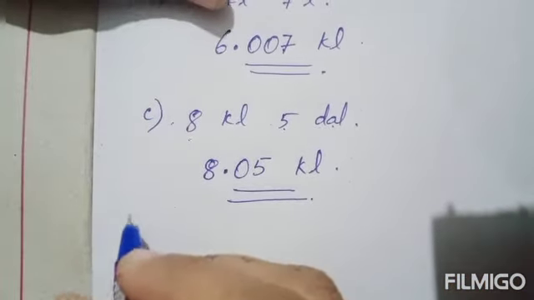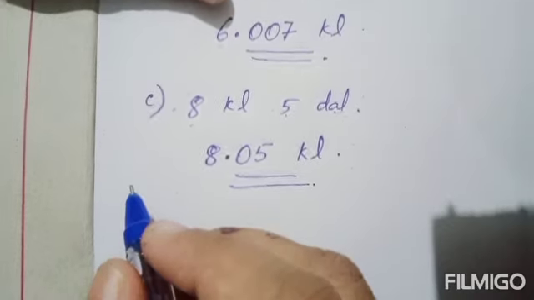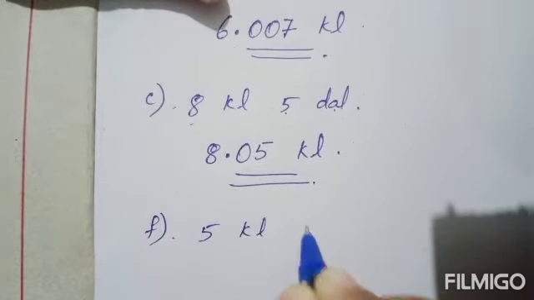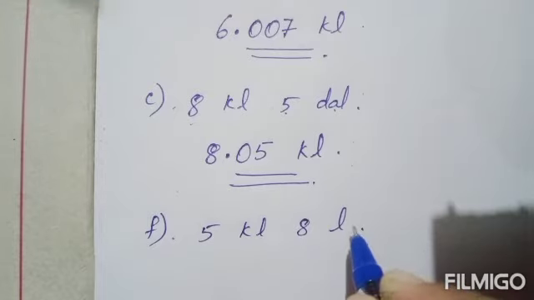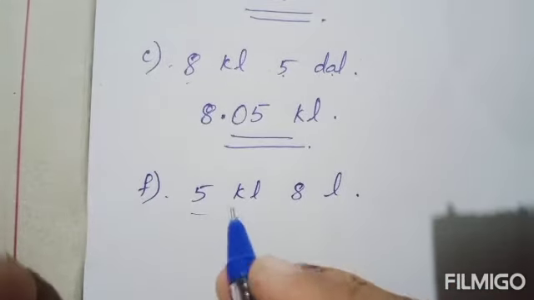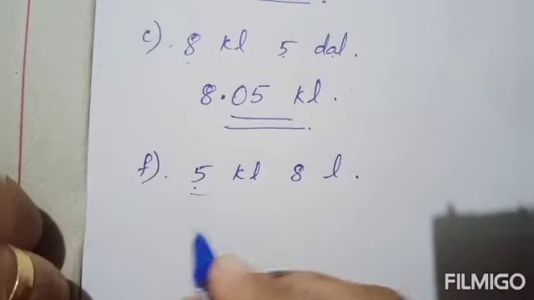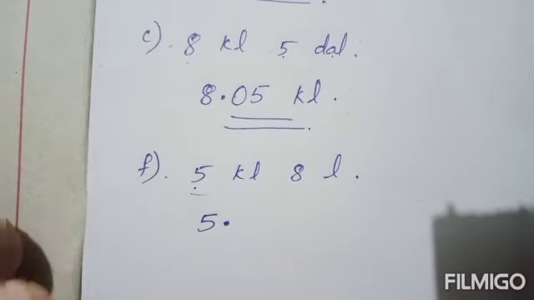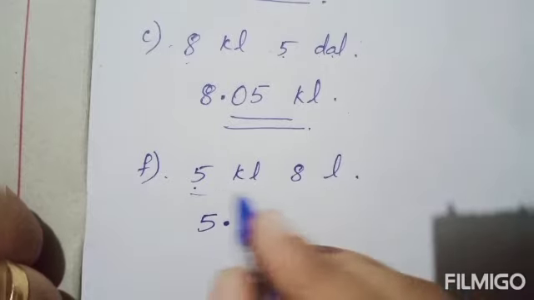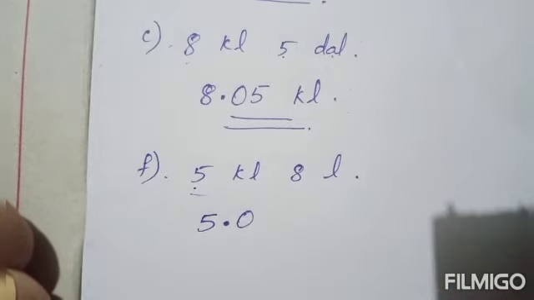Next, in that F, 5 kiloliter, 8 liter. Kiloliter will come before the decimal point, so you can write 5 point. After that it is hectoliter, but it is not given, so 0.